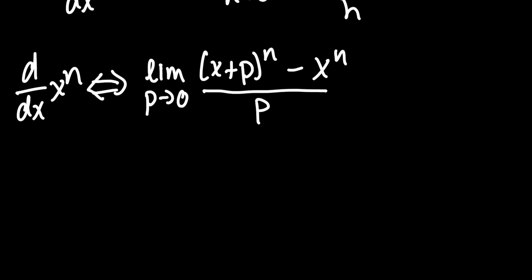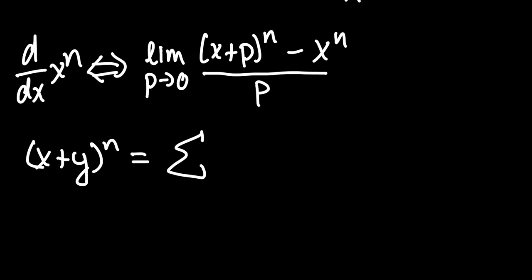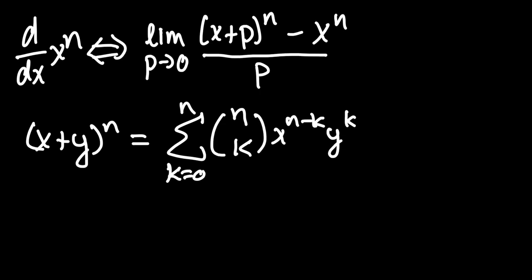Now, knowing the binomial expansion, we know that any number x plus y to the nth power is equal to the summation of k, going from k equals 0 to n, of n choose k times x to the n minus k times y to the kth power.